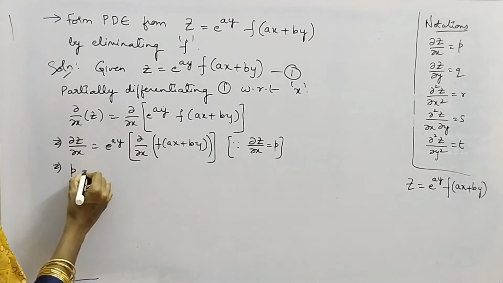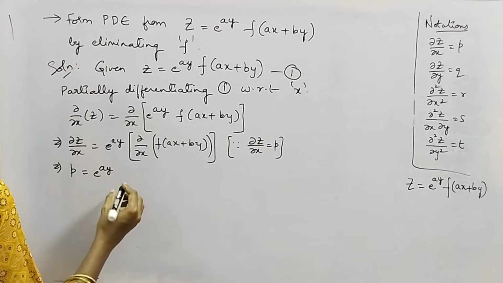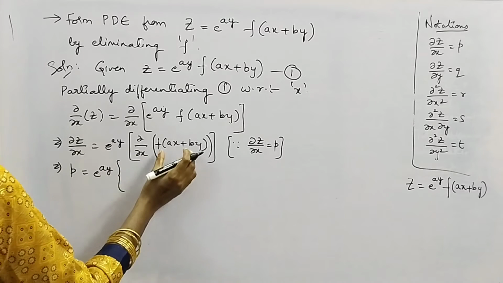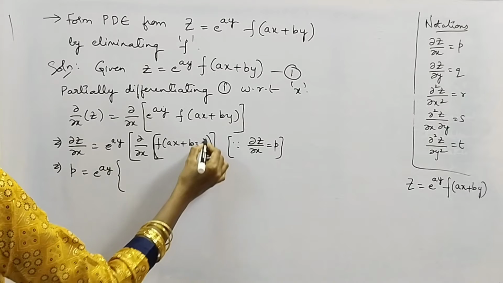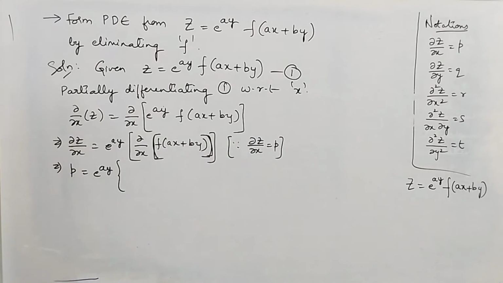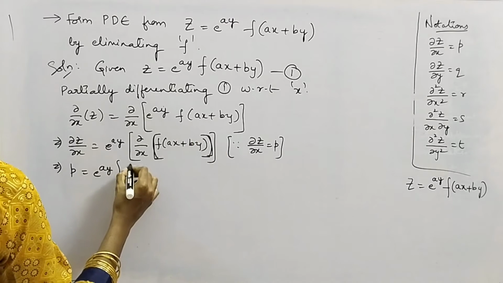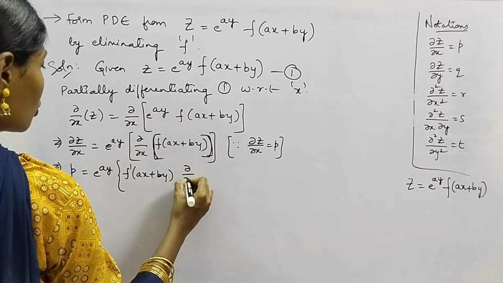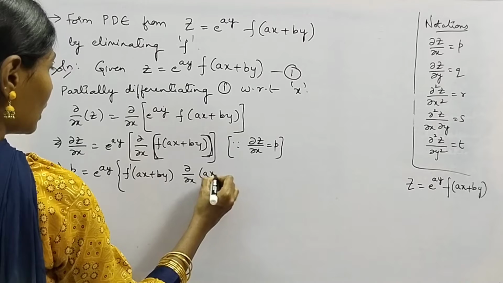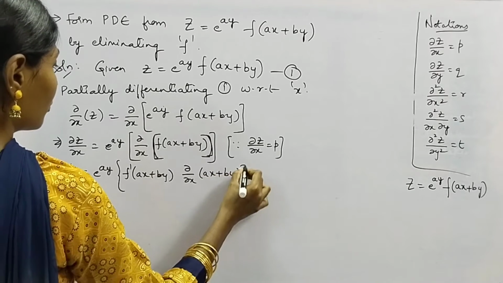We'll get p equal to e power ay into the partial derivative of f of ax plus by with respect to x: f dash of ax plus by into the inner derivative, that is dou by dou x of ax plus by.